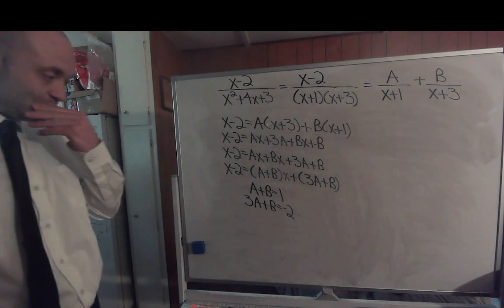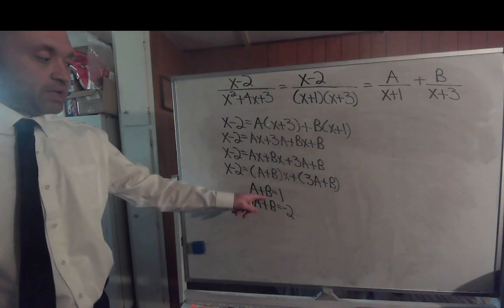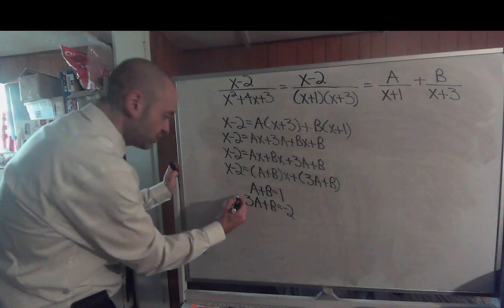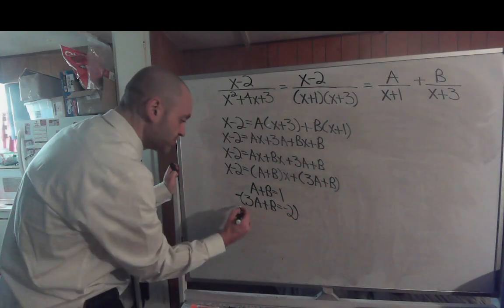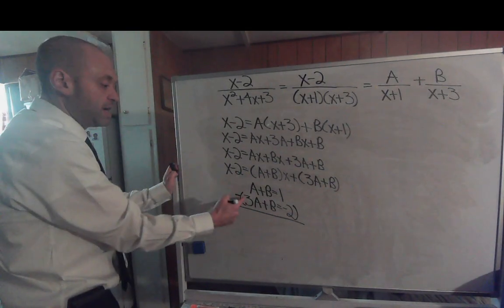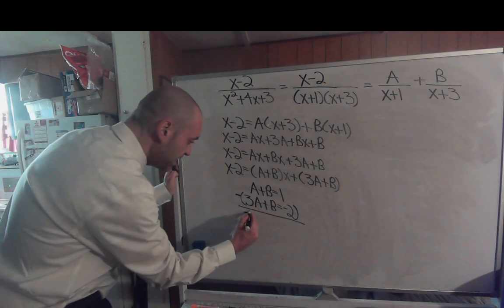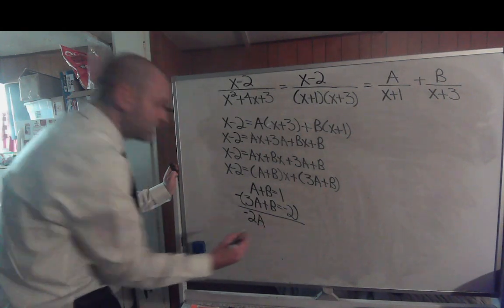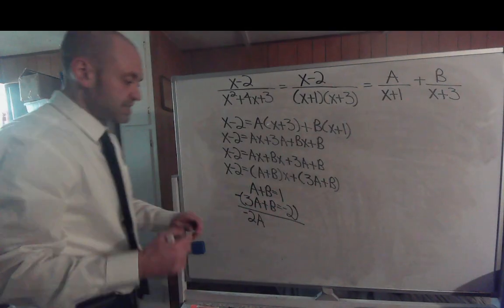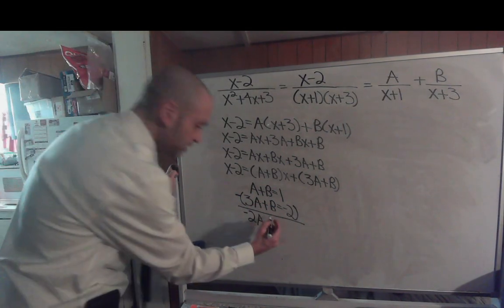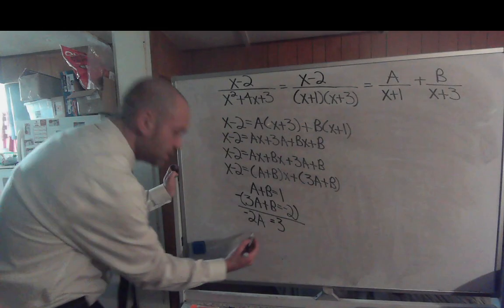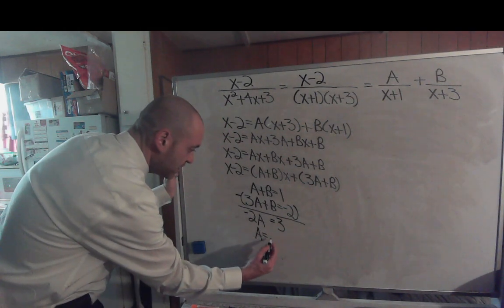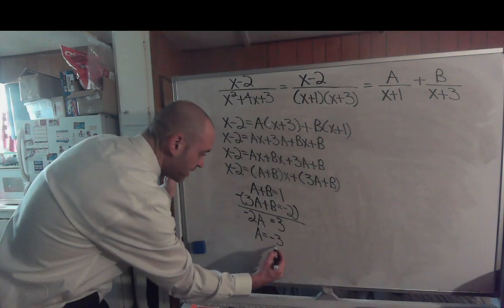It looks like we can definitely eliminate B, so let's subtract the second equation from the first. A minus 3A is going to be negative 2A equals 1 minus negative 2, which will turn into 1 plus 2, which is 3. So that means A should be equal to negative 3 halves.